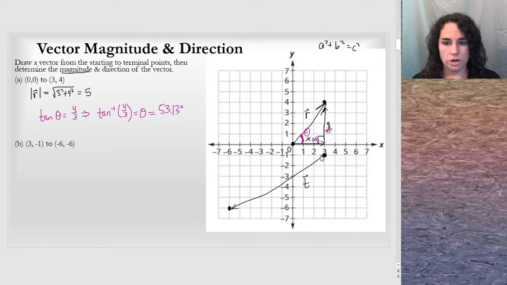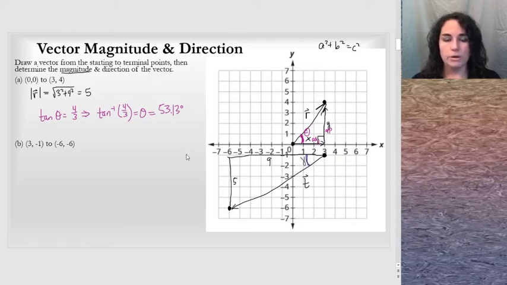And what I'm going to note is that t has a horizontal component and it has a vertical component, right? And when I look at this, 3 to negative 6, this side is 9 long, and this goes from negative 1 to negative 6. This is 5 long. And I'm also going to label this angle in here. I'm going to label this angle gamma.